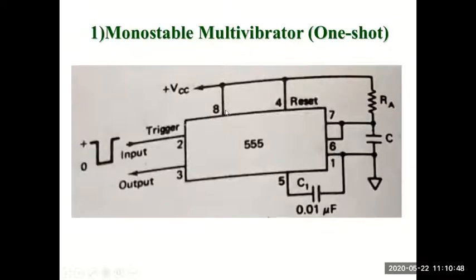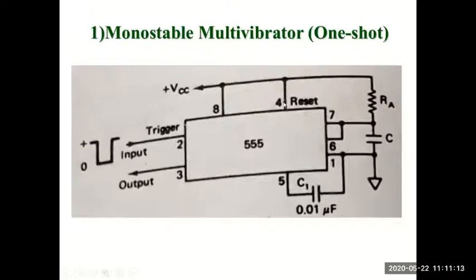Pin 8 is VCC, and pin 4 is called the reset pin. What is the purpose of this reset pin? If I give a 0 or a low-going pulse at the reset pin, it will bring the output down to 0 from the high state. If the output was in high state, it will reset it and bring it to 0.